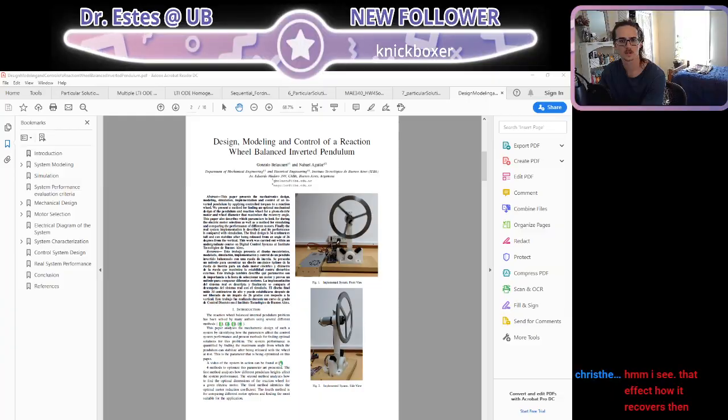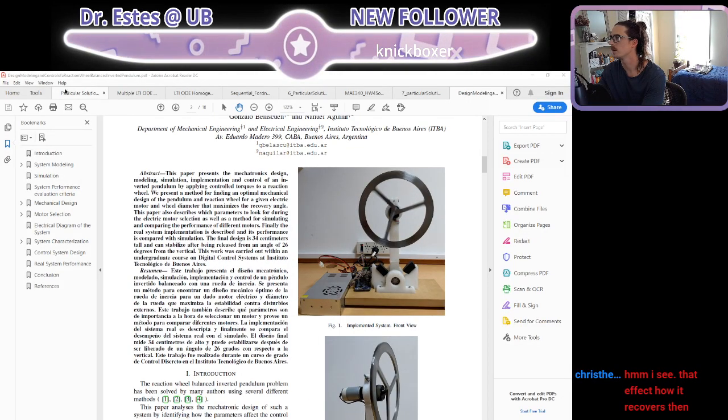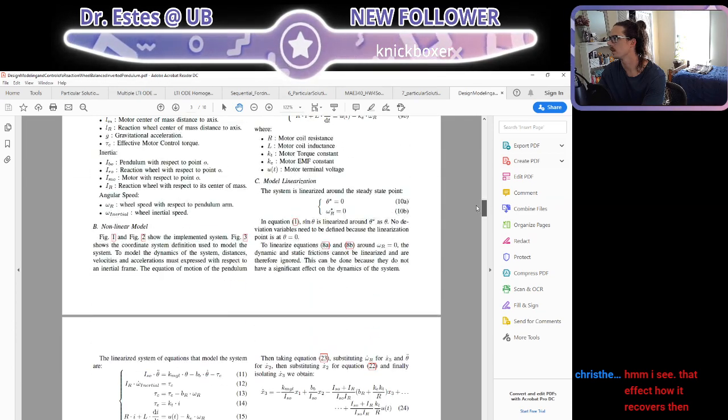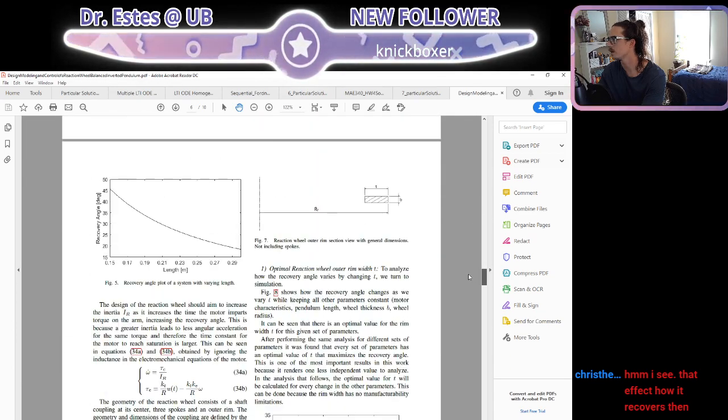Yeah, that'll affect how it recovers. I'm wondering if it's worth looking at the original paper. Do they show how much?